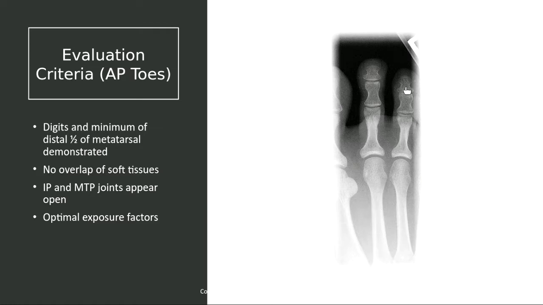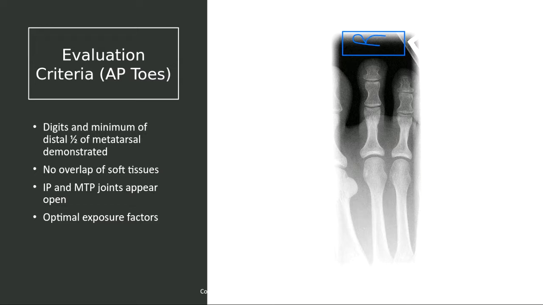Even though they have a little bit of this one and a lot of this one, the marker, in theory, if this was done correctly, the marker should be right over the toe that you're actually imaging. That way, it wouldn't be an issue. The radiologist would know.